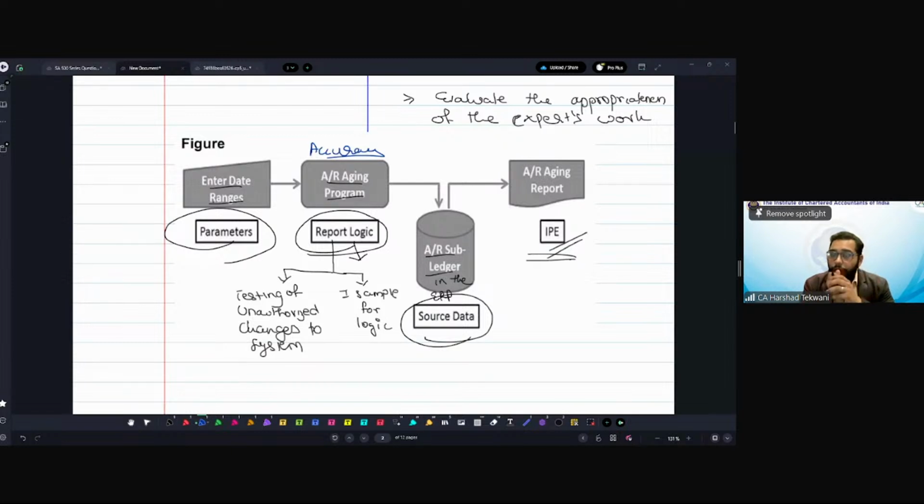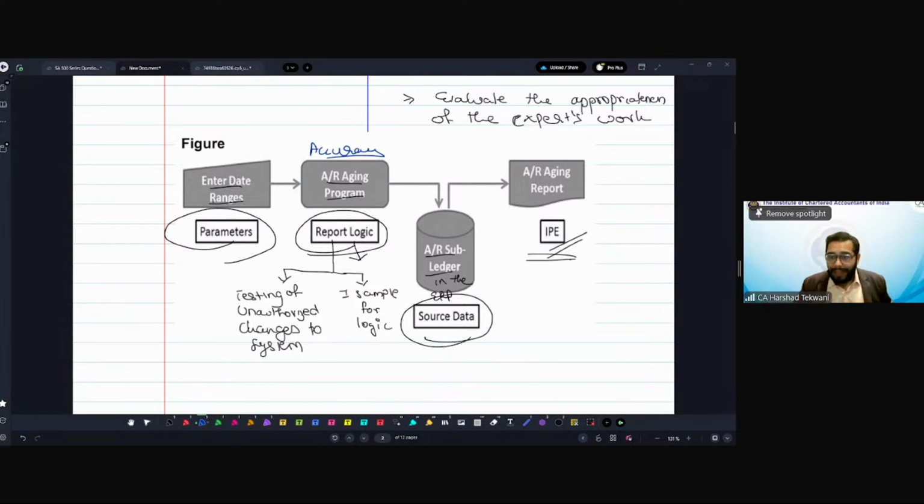That is again your question on the completeness. I'm talking about the accuracy as of now. I'll come to the completeness. See, if someone has booked an incorrect or unauthorized transaction, that will impact the completeness. So I am talking about the aspect that whatever transaction is appearing in the system, whether we are getting that in a correct way or not. That's the accuracy part.